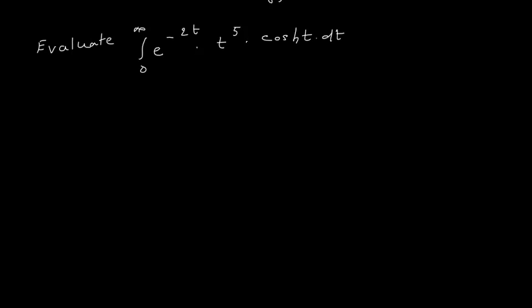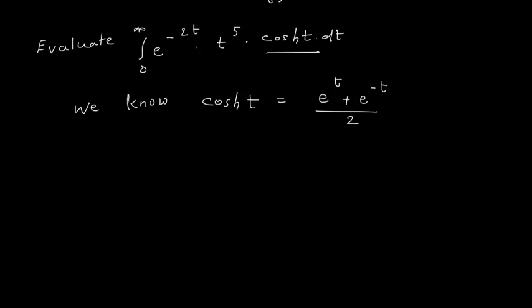Now here again I will say that we know this cos hyperbolic t can be written as e power t plus e power minus t whole divided by 2. So in place of cos hyperbolic t, I will replace this value.